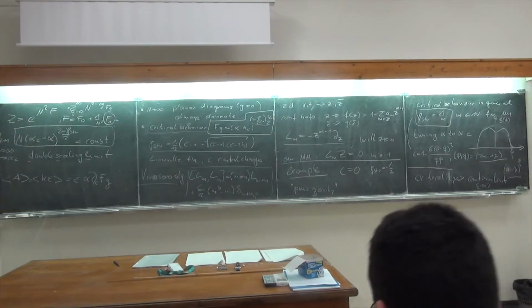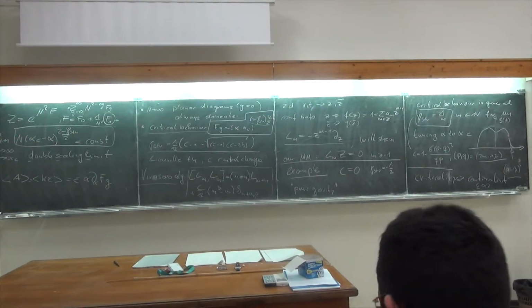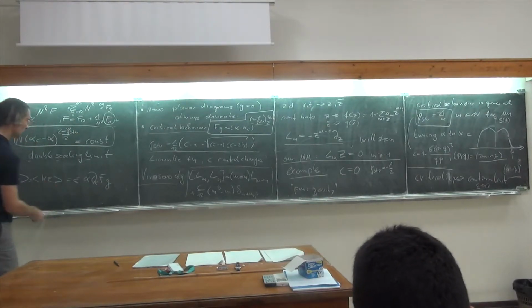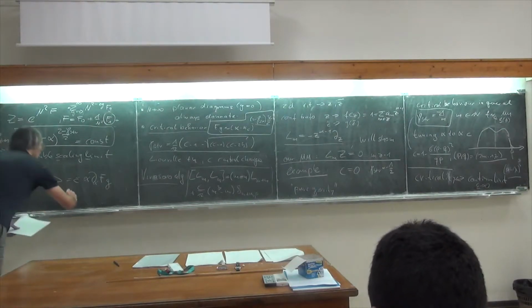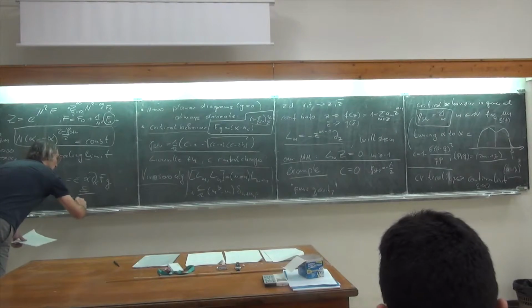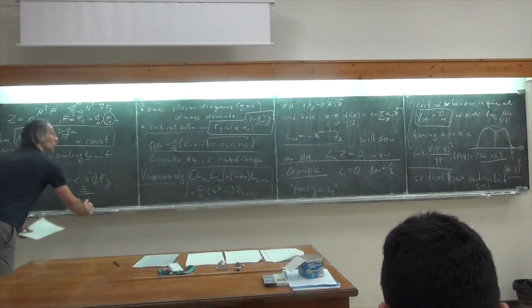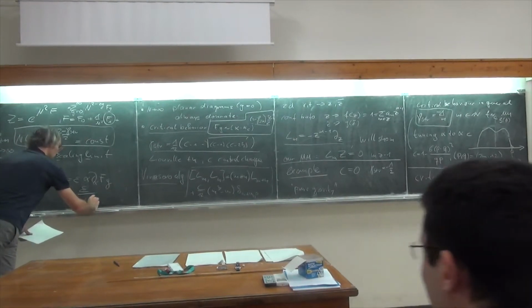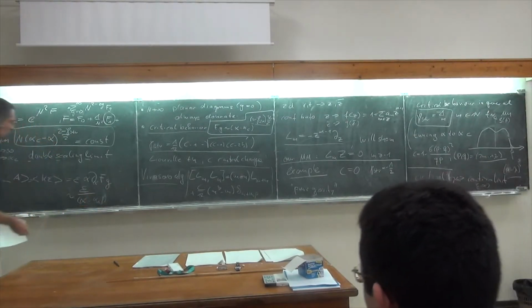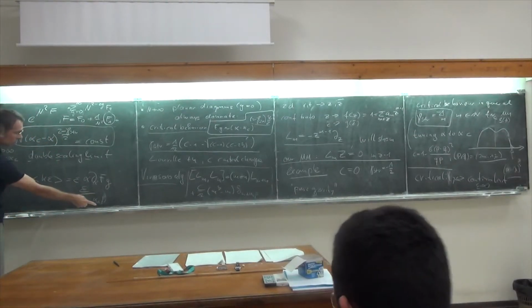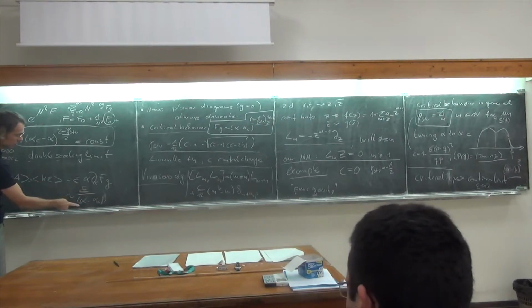Okay. And then if this has a critical behavior, this will go as epsilon divided by alpha minus alpha critical. So you see that when alpha goes to alpha critical, this goes to 0.